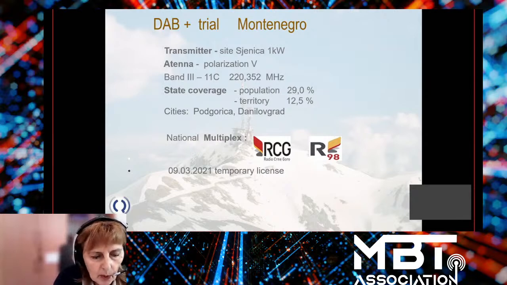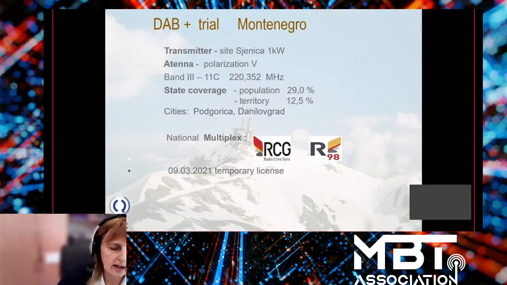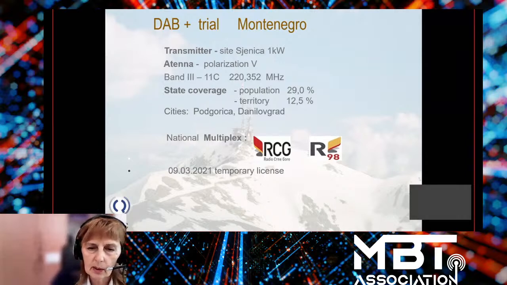This pilot project does not yet have a commercial connotation and is used to test equipment and verify signal coverage in DAB technology. For that reason, we are not ready to fill the multiplex with other signals.